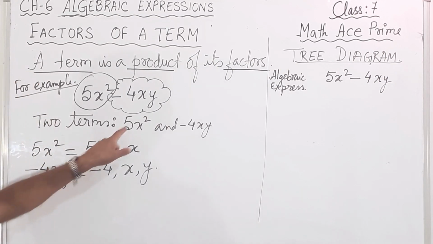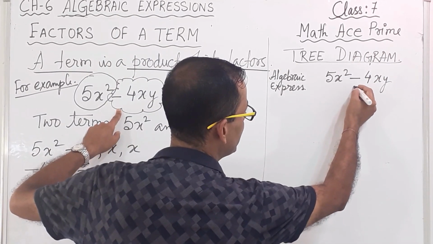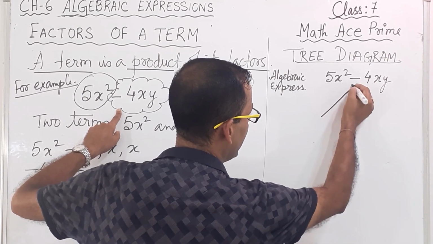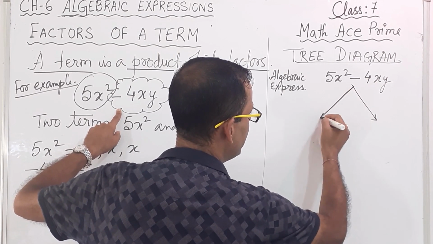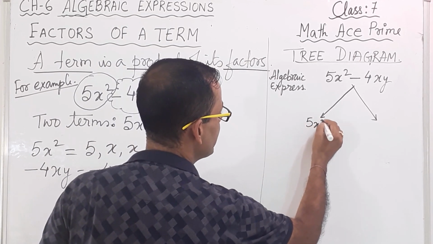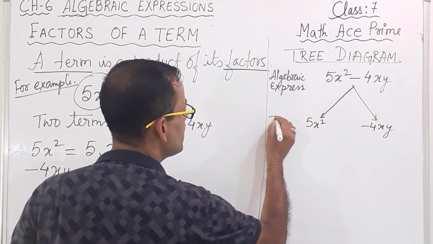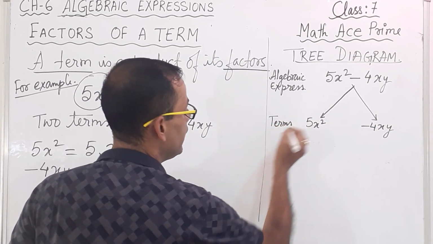Now this algebraic expression can be divided into terms. One is 5x square, one is minus 4xy. So these are the terms. Clear?